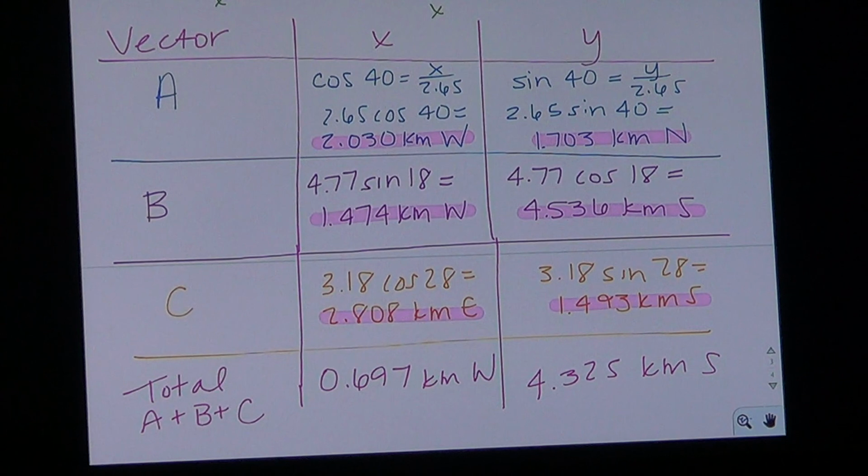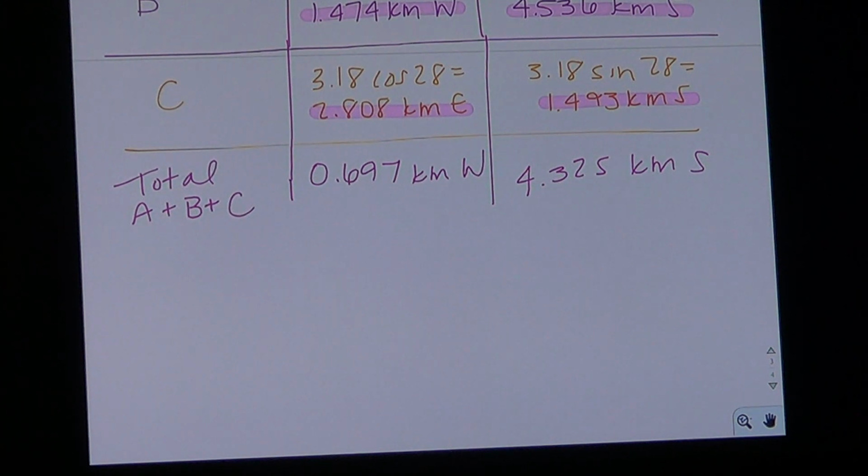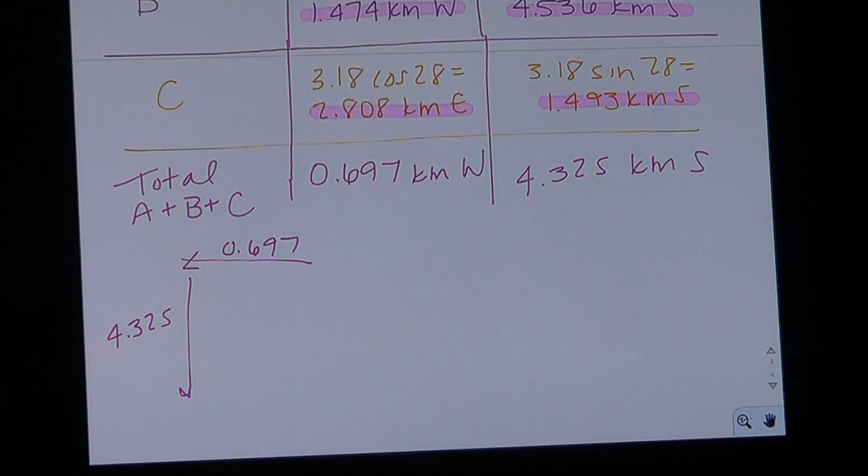Okay, so with that, we can make a single right triangle, which will make our lives much easier. So it's going west and south. And then we can find our resultant.